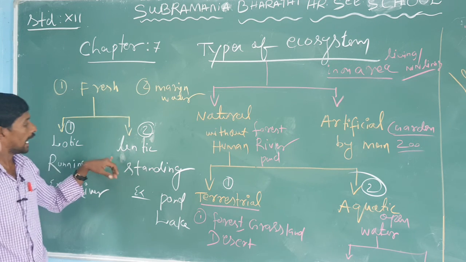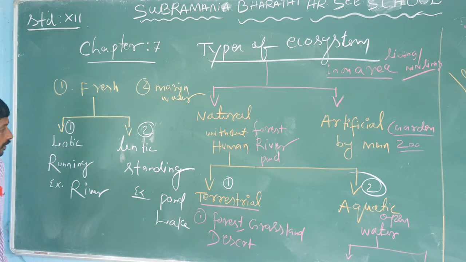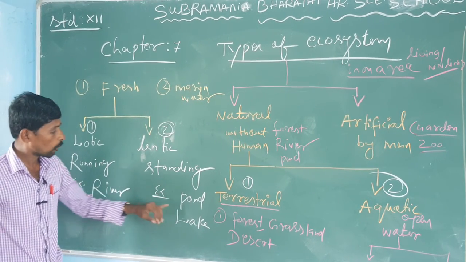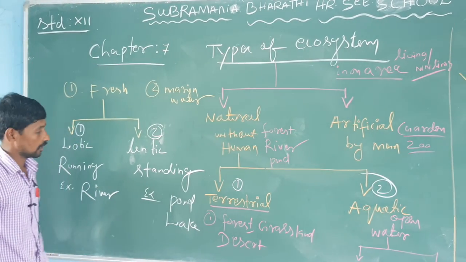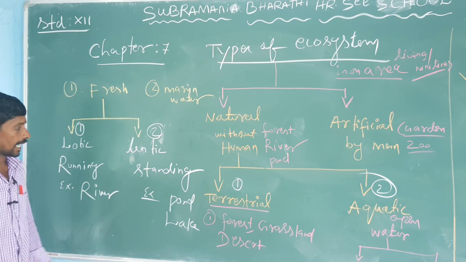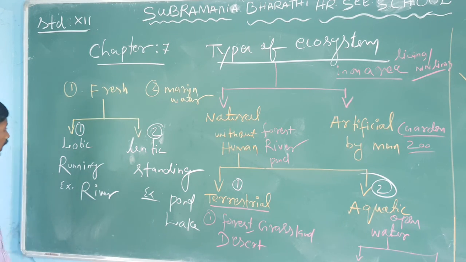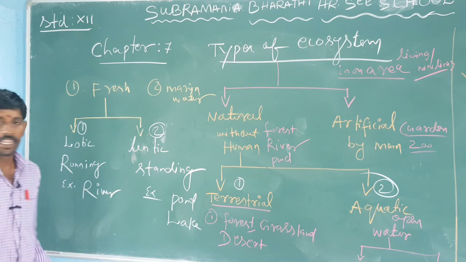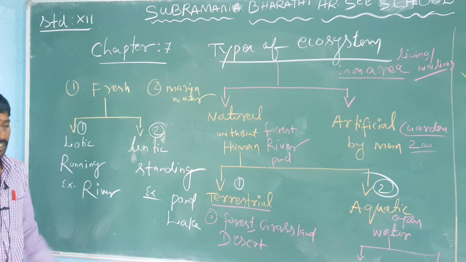Then freshwater lentic is standing water. Not the running water, only standing water; the lentic is otherwise called pond and lake. The pond and lake are standing water. The lotic or running water is, for example, a river. Both the surroundings of the river, and the pond and lake, are the ecosystem and environmental conditions.